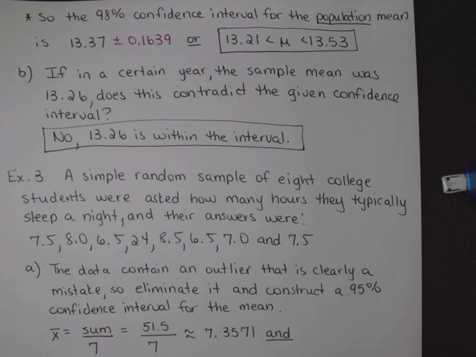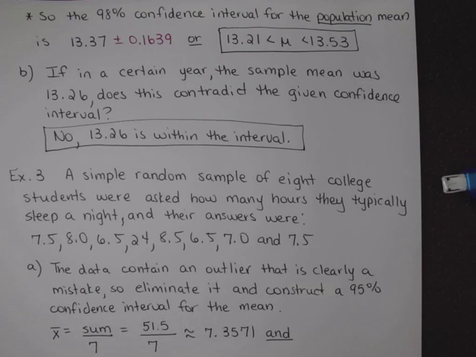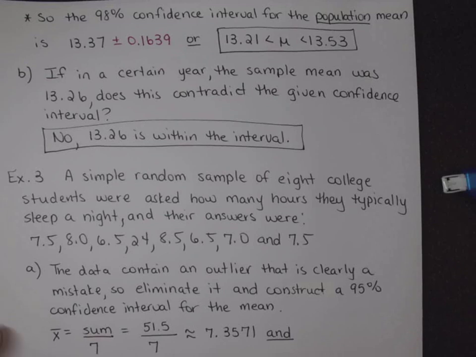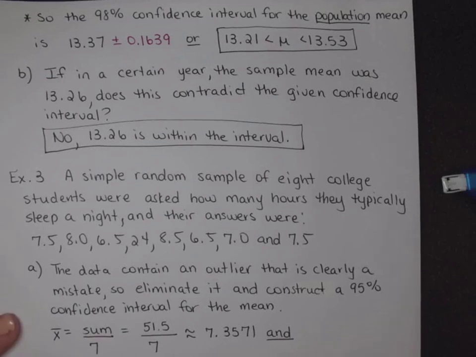So I'm going to start this out for you, but then I'm just going to tell you what the answer is. In other words, you take the first sleeper of 7.5 minus our average squared plus the next sleeper's amount of sleep minus the average squared. Okay. And then I'm just going to say plus dot, dot, dot. You're going to do that for everybody.